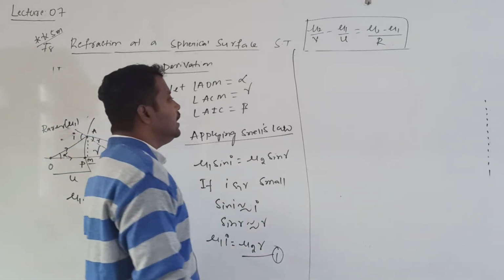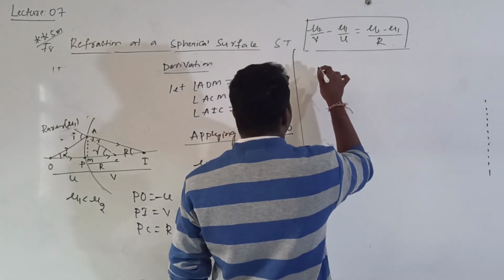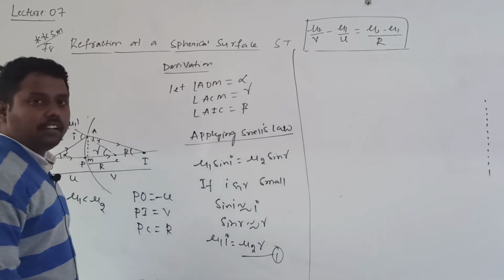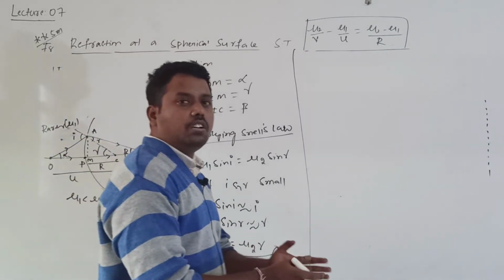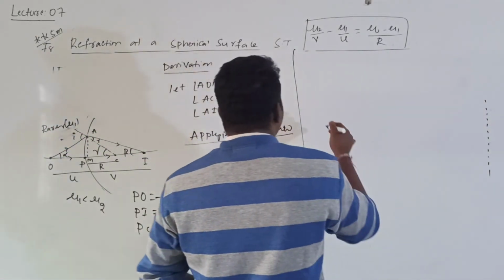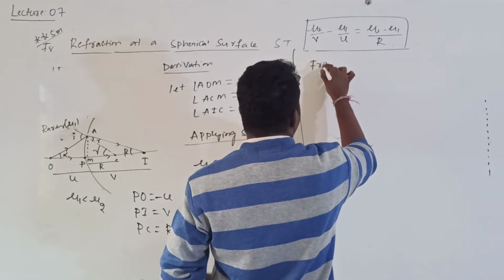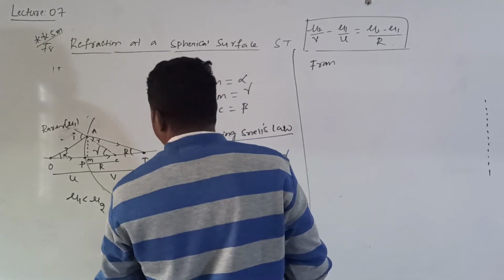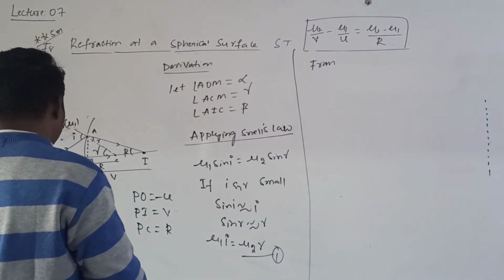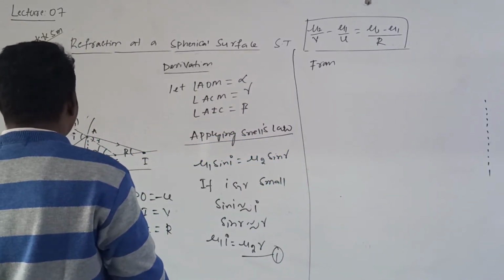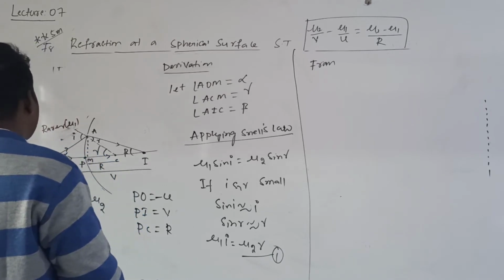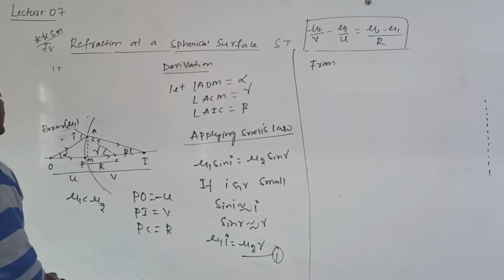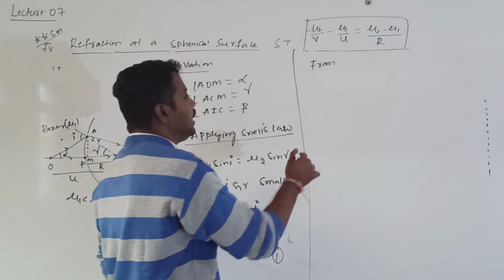So after writing that, now I will use a property of triangle: in a triangle, the exterior angle is equal to the sum of the opposite two interior angles. First I will consider the triangle AIC.